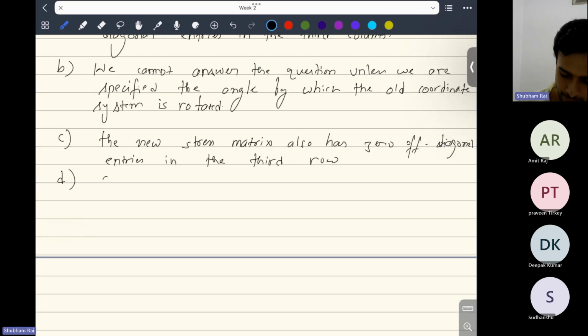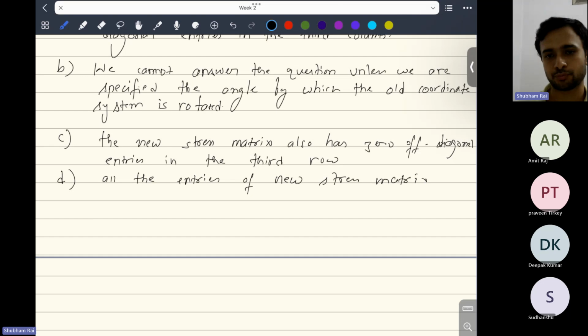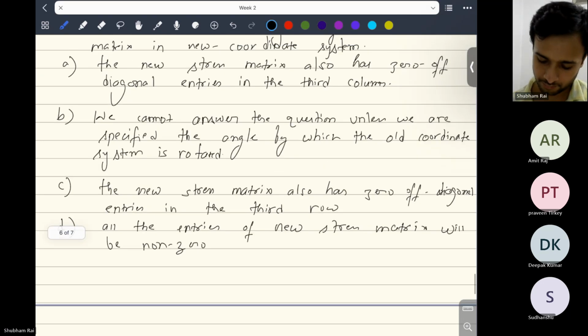And D: all the entries of the new stress matrix will be non-zero. So you have to tell me which of these is correct.